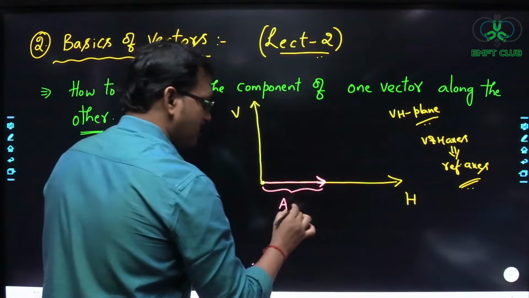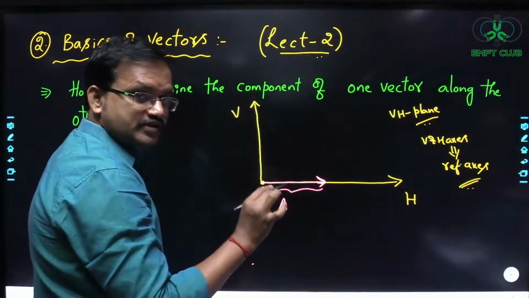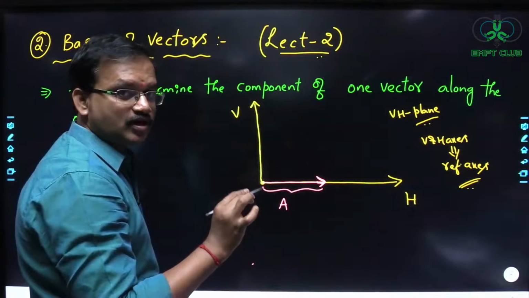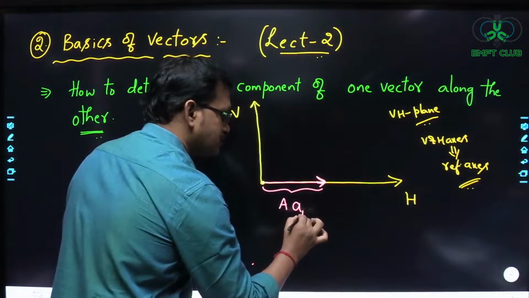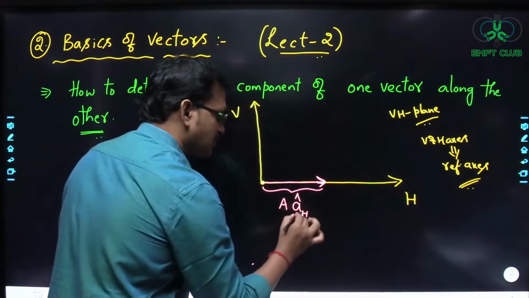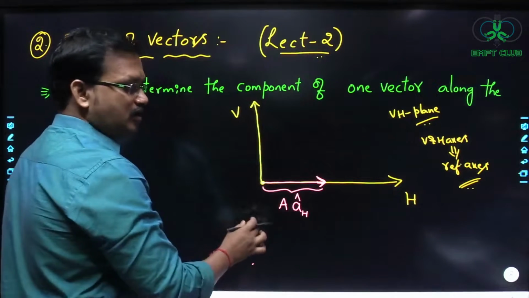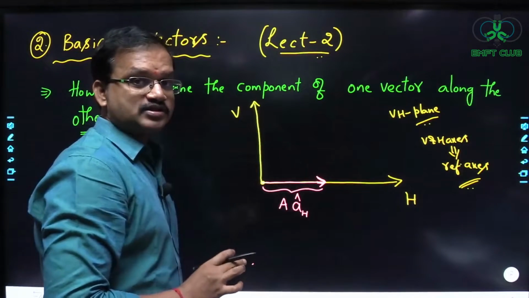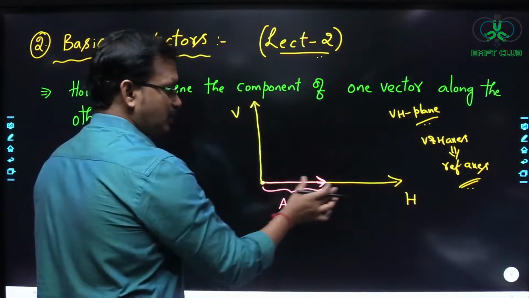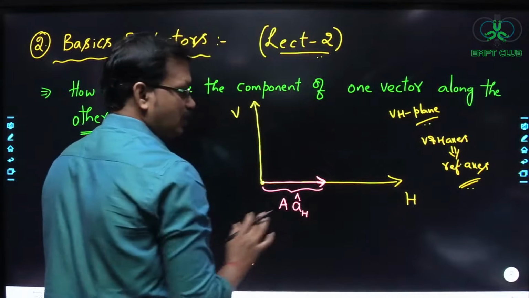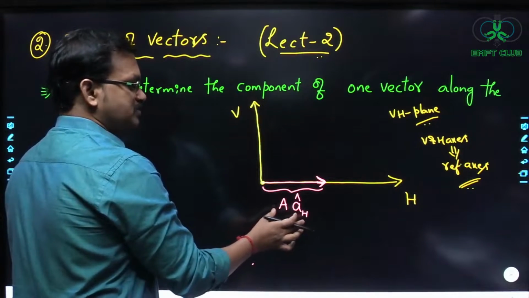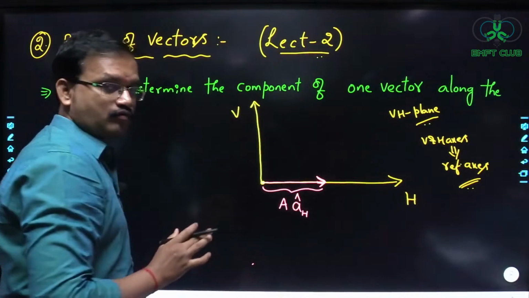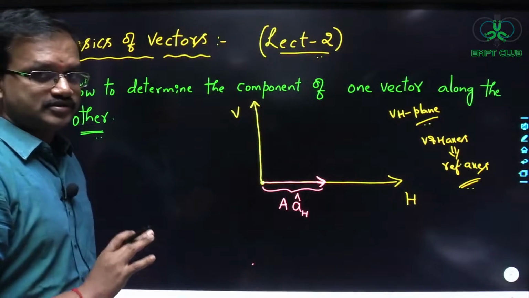Always the direction is represented by the unit vector. So I write the unit vector along the horizontal axis as a_H cap. So A times a_H cap will represent the vector along the horizontal axis. Understood? It is very easy for us to represent a vector that is pointing along our reference axis.